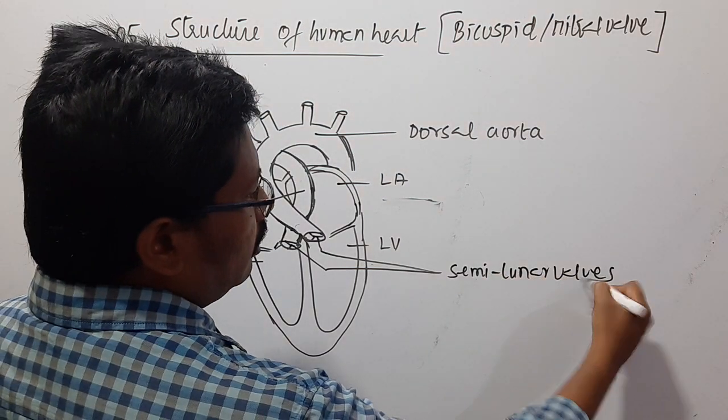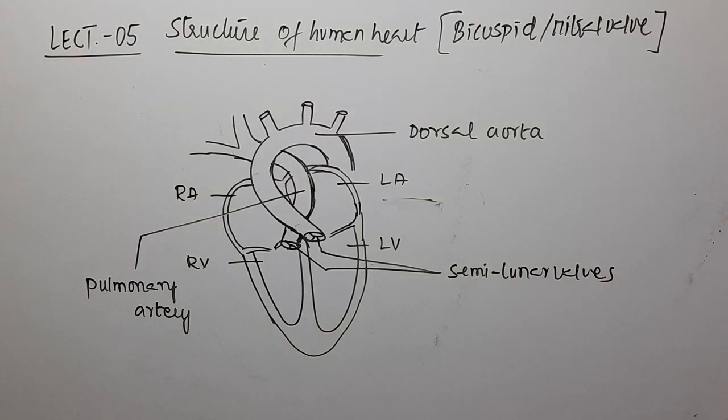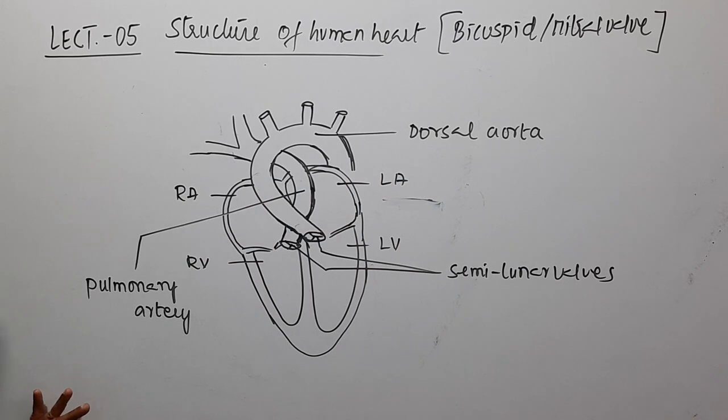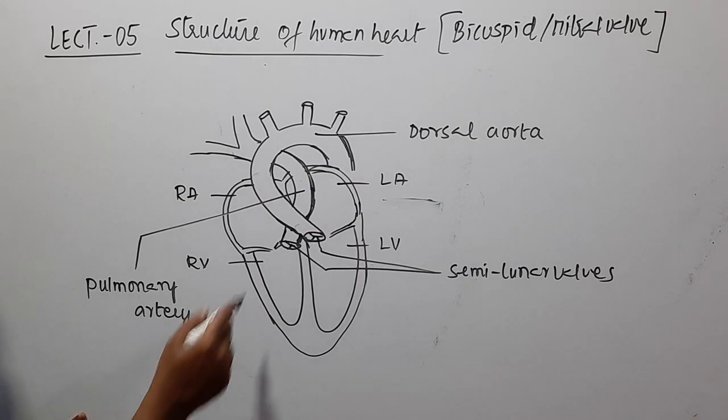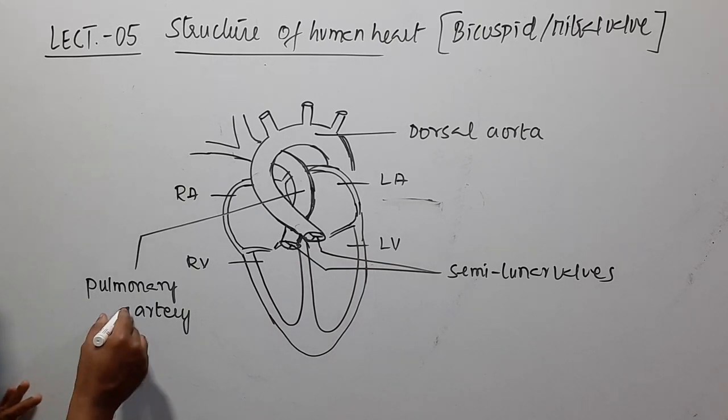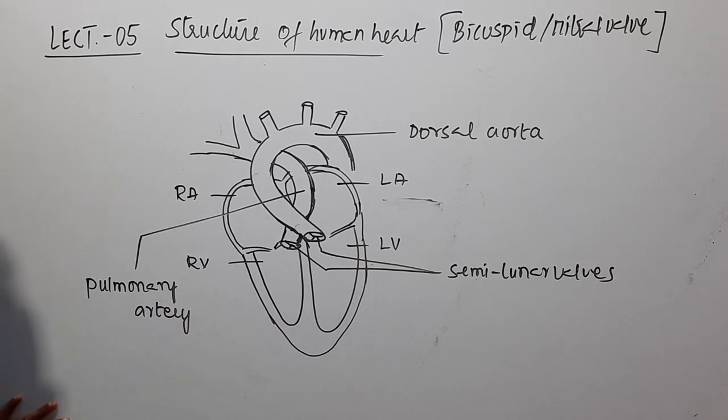The semilunar valves guard both the pulmonary artery as well as the dorsal aorta. Here the dorsal aorta arises from the left ventricle, whereas the pulmonary artery arises from the right ventricle.